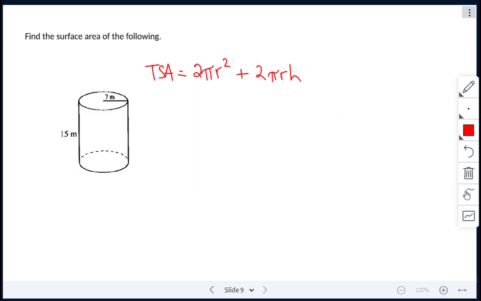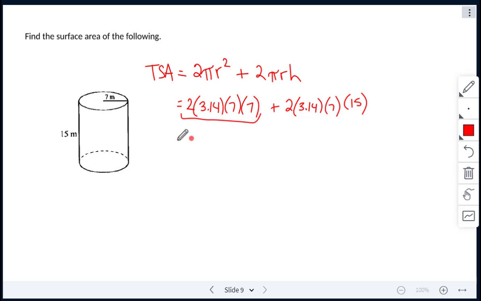So for this one, we have a radius of 7 meters. Our height of the cylinder is 15 meters. So let's substitute everything in. So 3.14 radius squared, so 7 times 7. And then we have 2 times 3.14 times 7 times the height, which is 15.